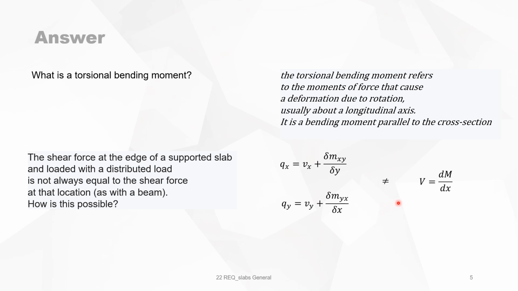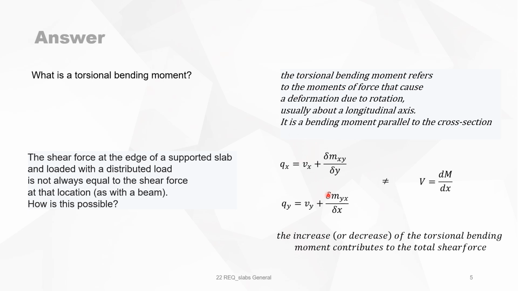And you see clearly that this is different because for beams, the shear force is equal to the first derivative of the bending moment. So this is Vx, small Vx, is the same. So there's something added to it. And that added is only depending on the torsional bending moments.